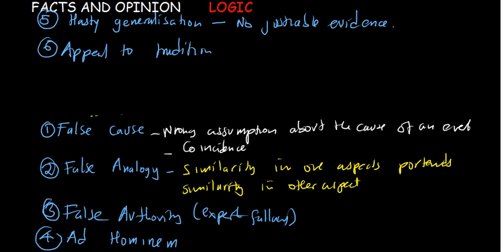Example, one must study medicine because the parents and grandparents studied medicine. That is what we call appeal to tradition. You just maintain what has been happening, because this has been happening every time, so I'll continue doing it also. Because everyone in my family is a teacher, so I'll also be a teacher. So you continue to do that.